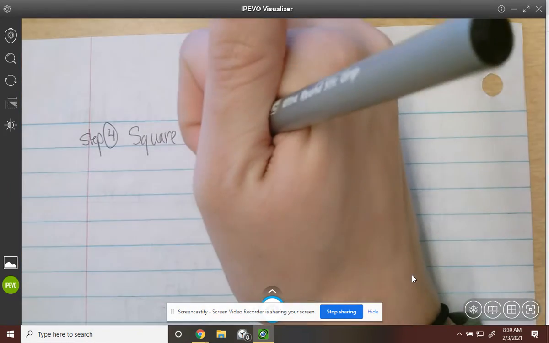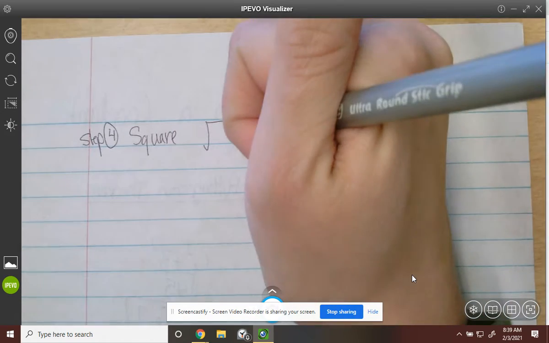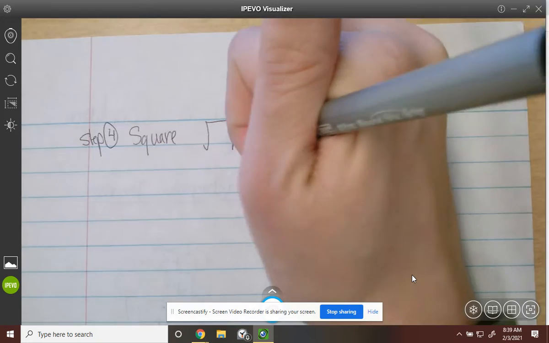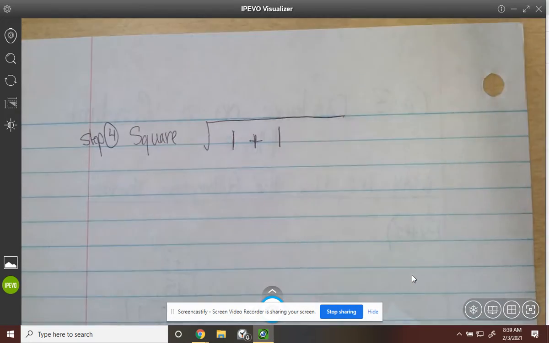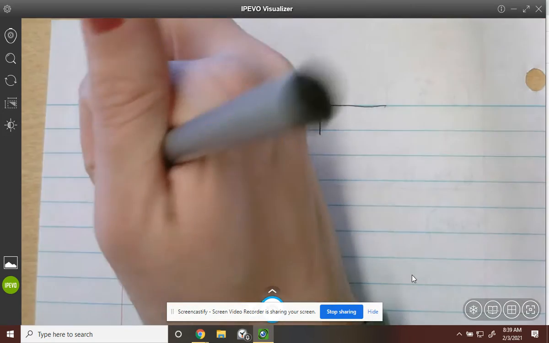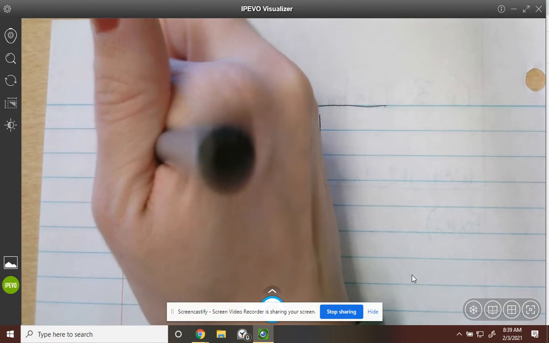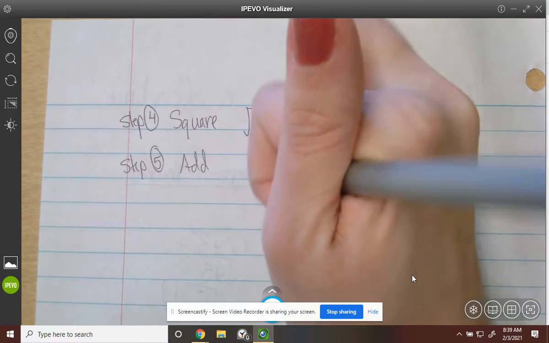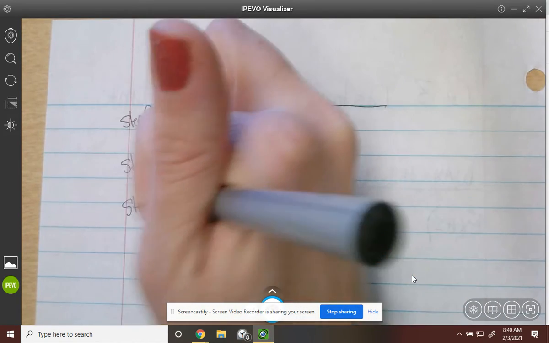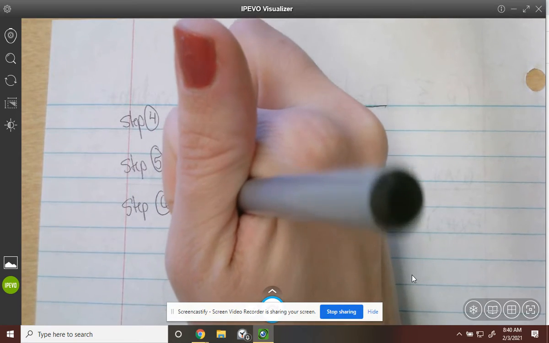So if I take 1 squared, I get 1. Or -1 squared, I get 1. Plus 1 squared, I get 1. Okay, and then from there, step 5 should be pretty obvious. I'm going to add. So square root of 2. And then my last step is to square root.